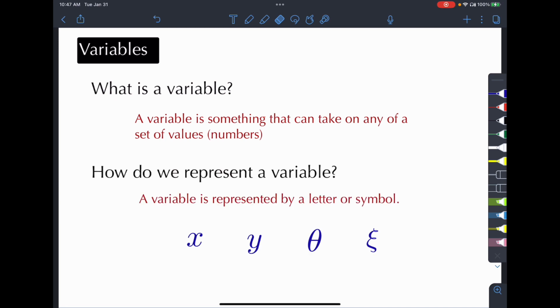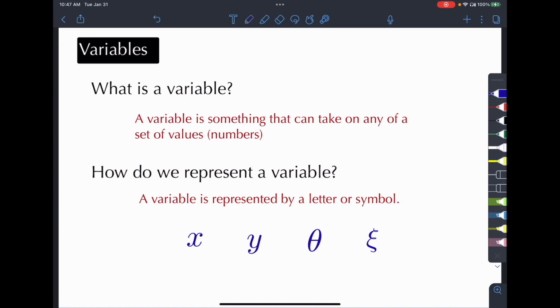So how do we represent a variable? Well, we represent a variable by a letter or symbol. Generally, you'll see x and y a lot to represent variables, but we could also use Greek letters. Here's a couple of Greek letters. A variable can be represented by anything. We typically use characters like this because they're common, they're useful, and we know how to read them.